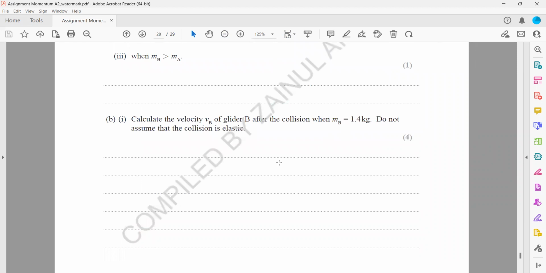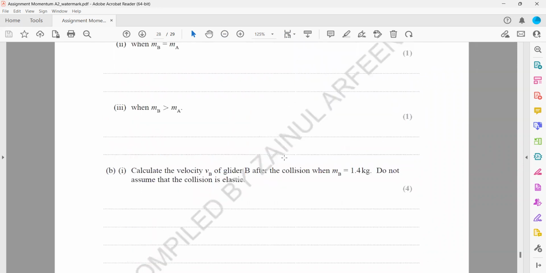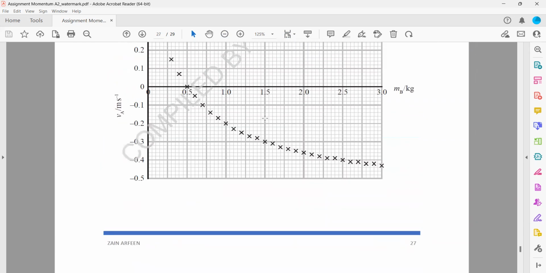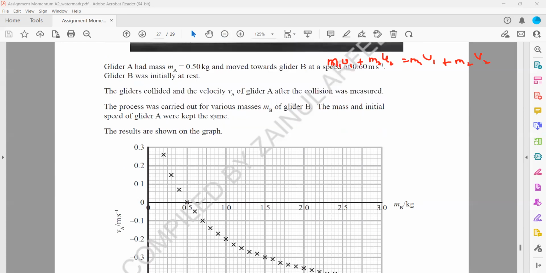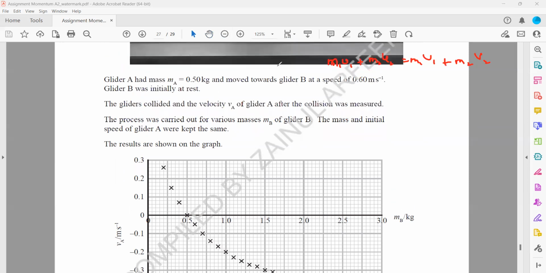Do not assume that the collision is elastic, so use conservation of momentum: m1 u1 plus m2 u2 equals m1 v1 plus m2 v2, because it is in one dimension. The mass of the first one, A, is 0.5, and the speed is 0.6.